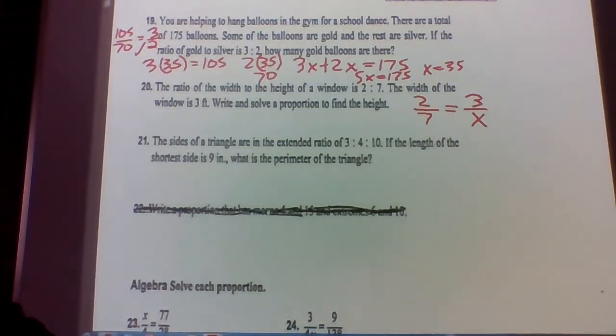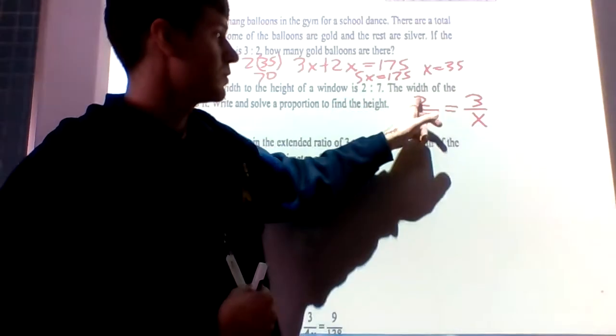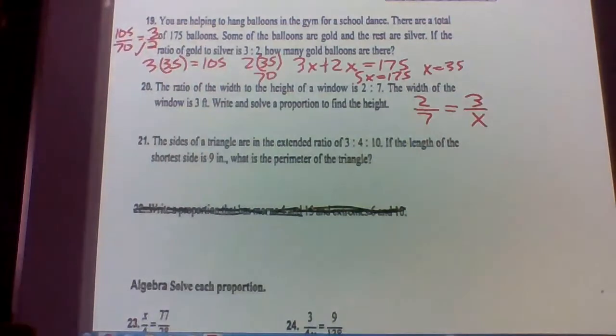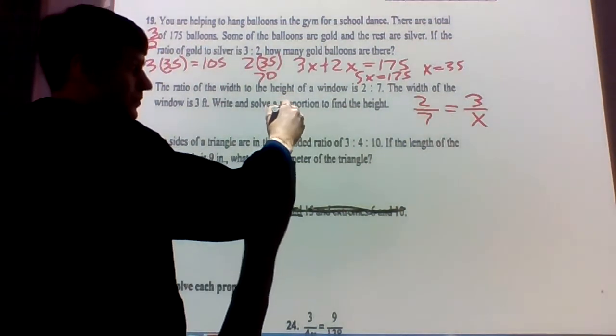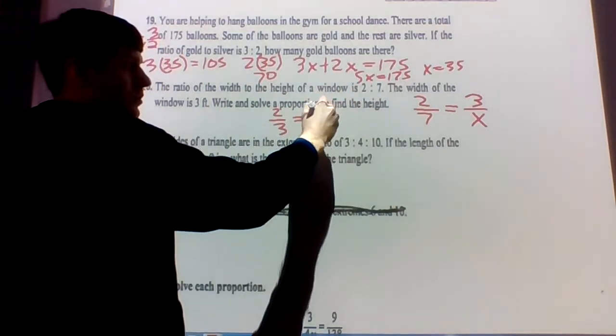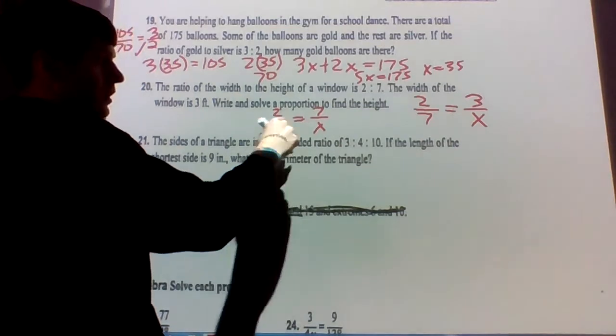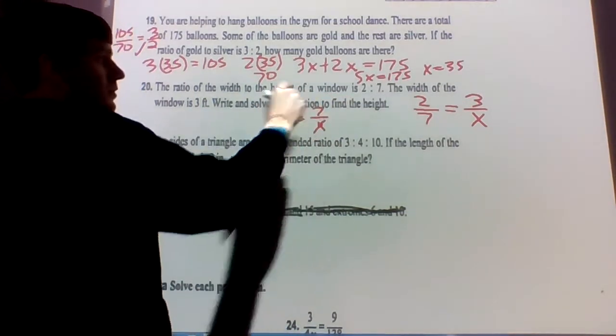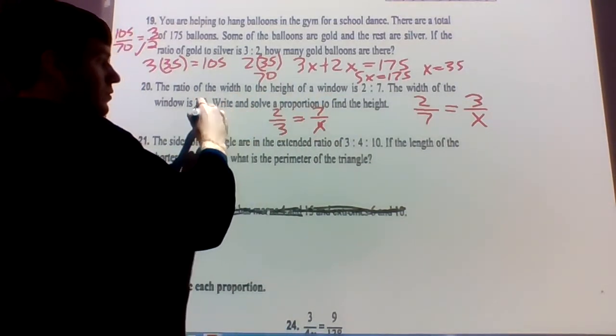Okay, 3 is to x, and that's our height. Width to height. So the 3 corresponds with the 2, the x corresponds with the 7. You could have also done 2 over 3. 2 corresponds with the 3, 7 corresponds with the x. You could have done 7 corresponds with x.